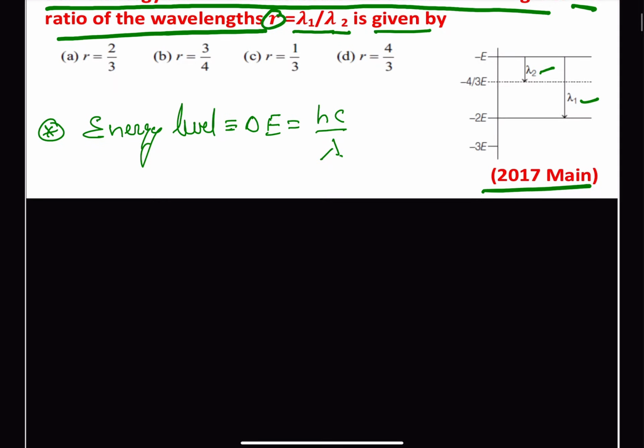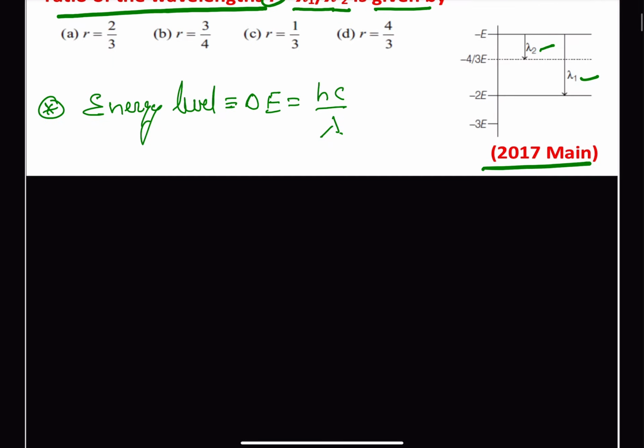So we have two wavelengths, so we can modify this equation as per our requirement. Our first wavelength is lambda 1.